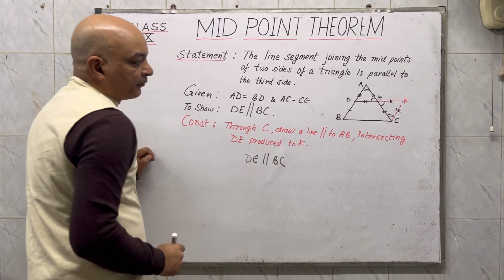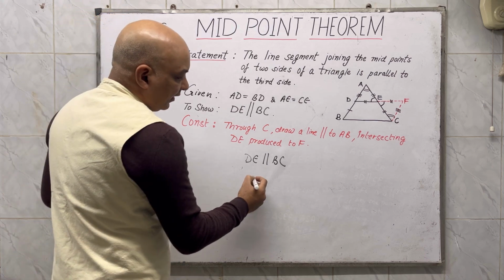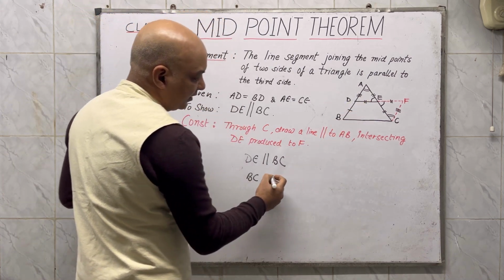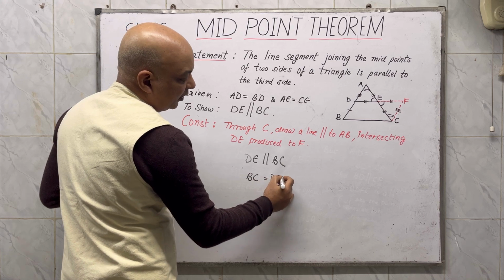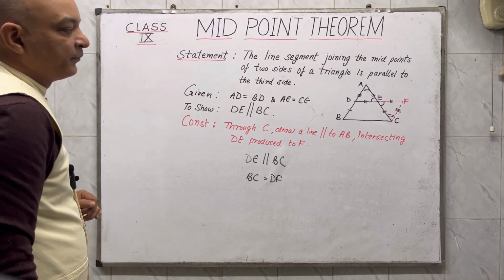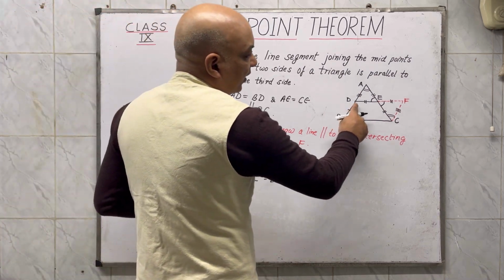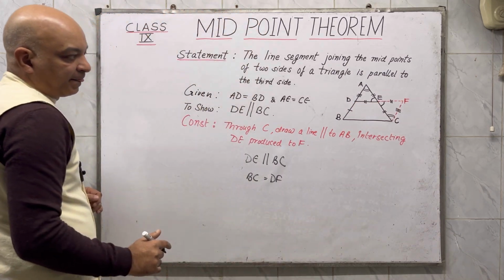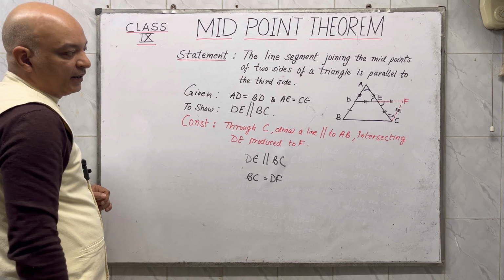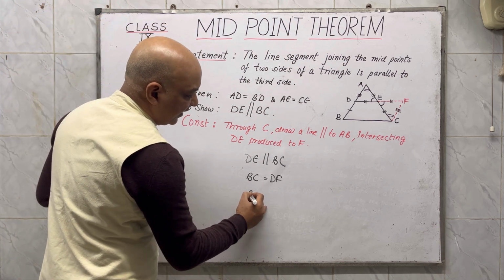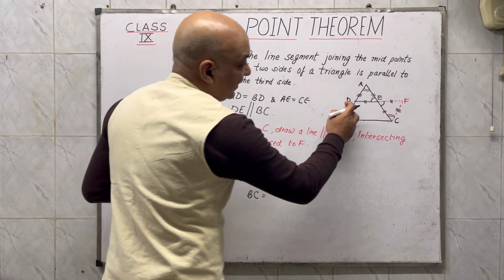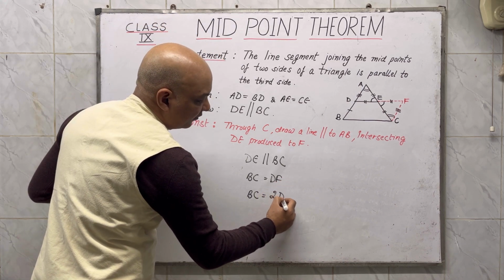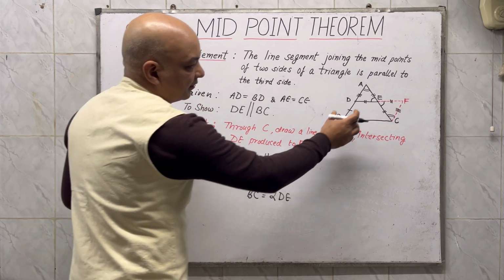Now we know, being opposite sides of a parallelogram, BC equal to DF, and as E is the midpoint of DF, which we have proved through congruency, so I can write DF as double of DE.